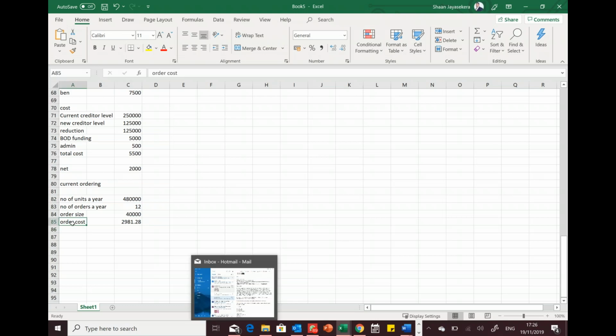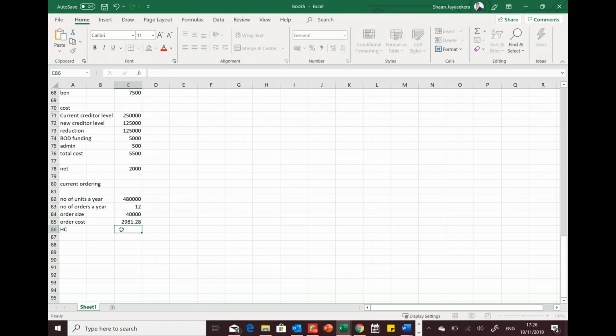And my holding cost here will be equal to my order size at any point is this. So I will order this much quantity. At the end, it will be 0. So it averages to this plus 0 divided by 2.